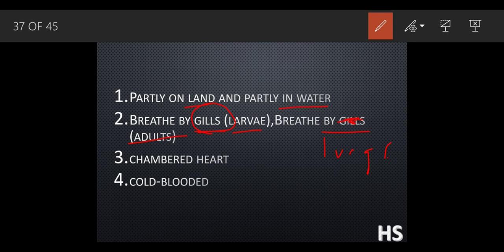But when this tadpole gets converted into the frog, it respires through the lungs, because now the frog is a bigger organism. The body is very well developed, so it develops the respiratory system, and now it is going to respire through the lungs. Even their skin is slimy, if you touch it.